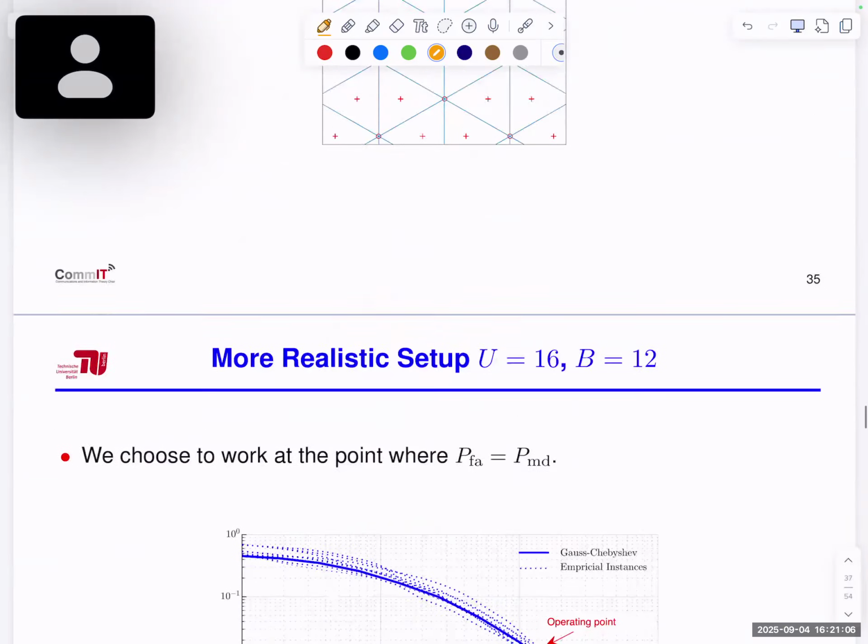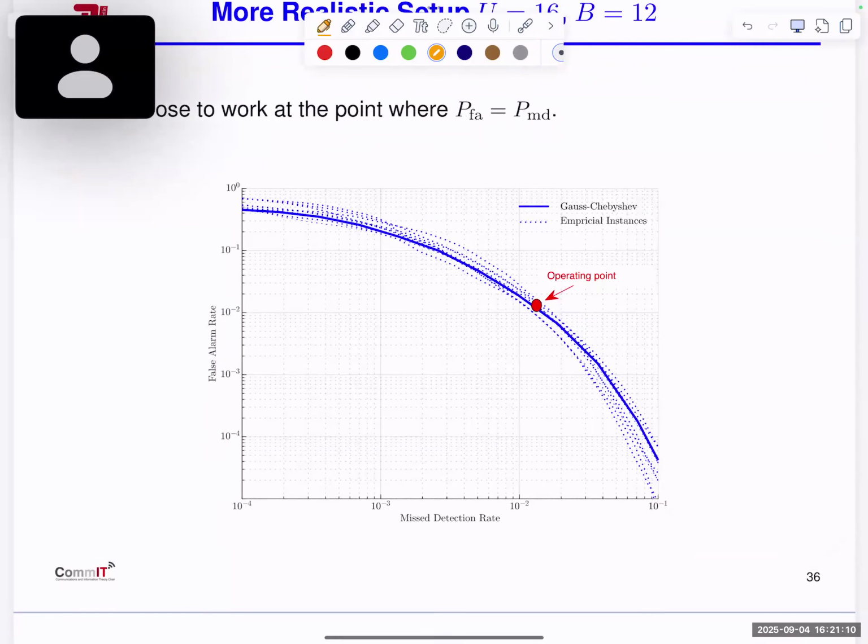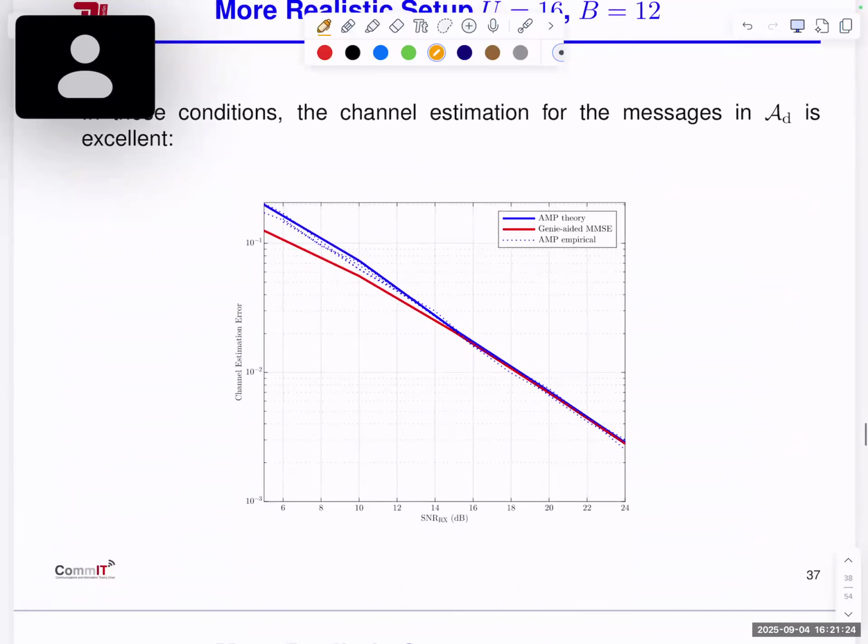And nevertheless, we obtain, for the case false alarm equal to misdetection, so we can operate at this point where false alarm and misdetection are more or less both on the order of 10 to the -2, which is pretty good. We compare the channel estimates obtained by this scheme with a genie-aided MMSE estimator that in this case would be optimal, because if you condition on the active users as known, then of course the S matrix becomes, taking only the active columns, tall, and basically you have a linear Gaussian problem where linear MMSE is optimal, that can be also analyzed.